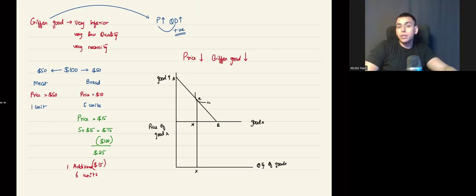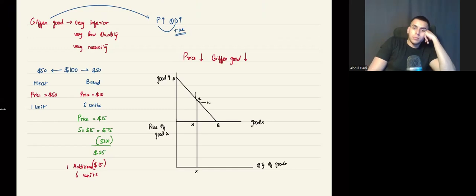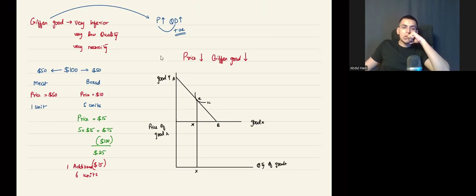Why leftwards? It should tilt rightwards. Very good.